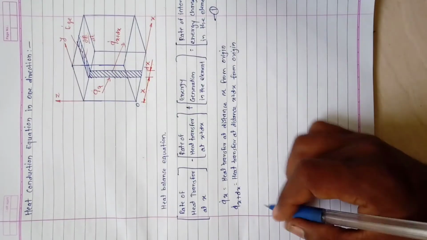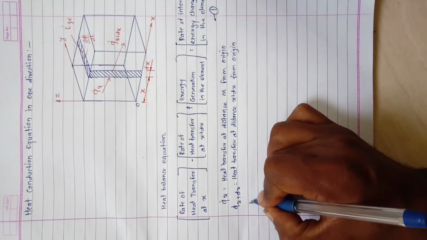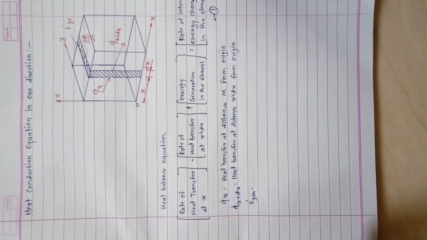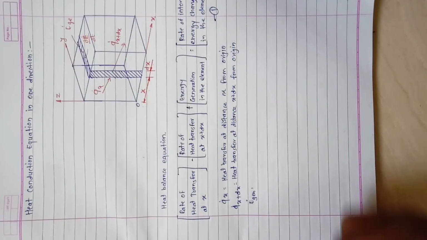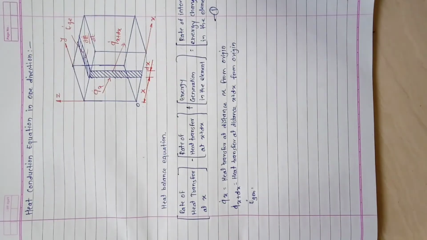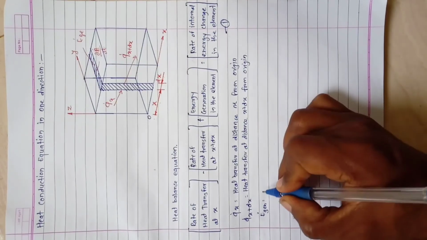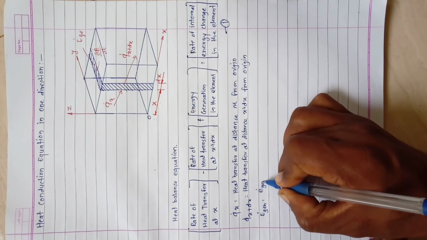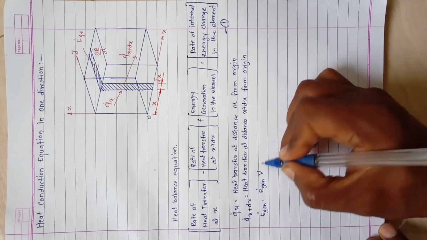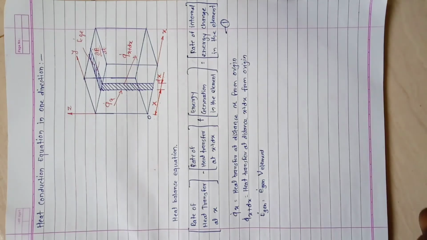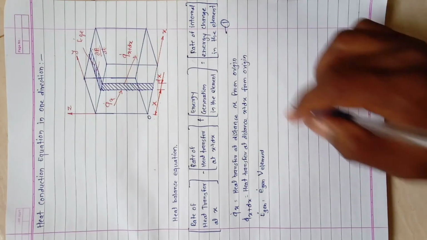Now about the energy generation. Energy generation, E dot generation, is equal to the energy generated multiplied by the volume of the element.